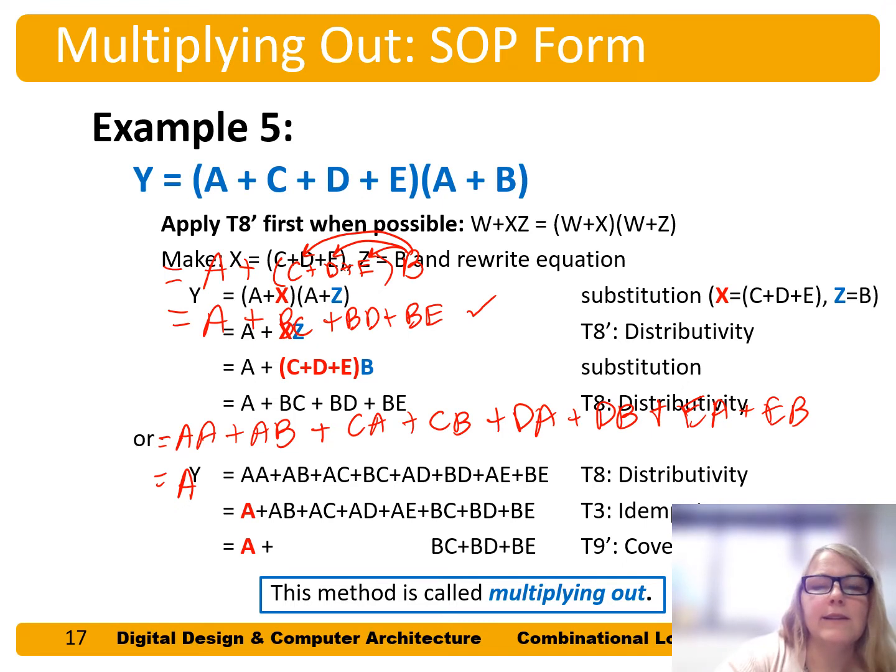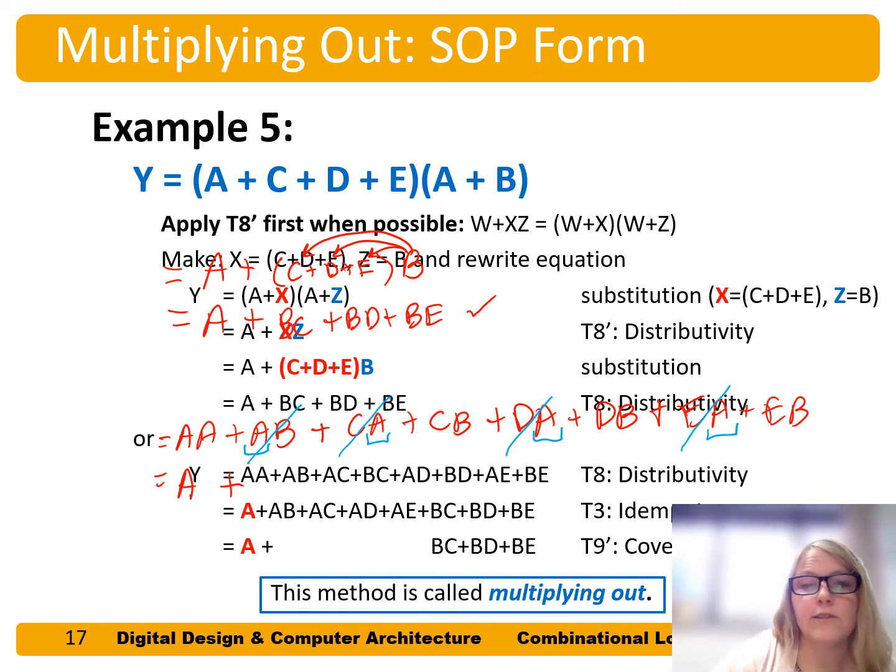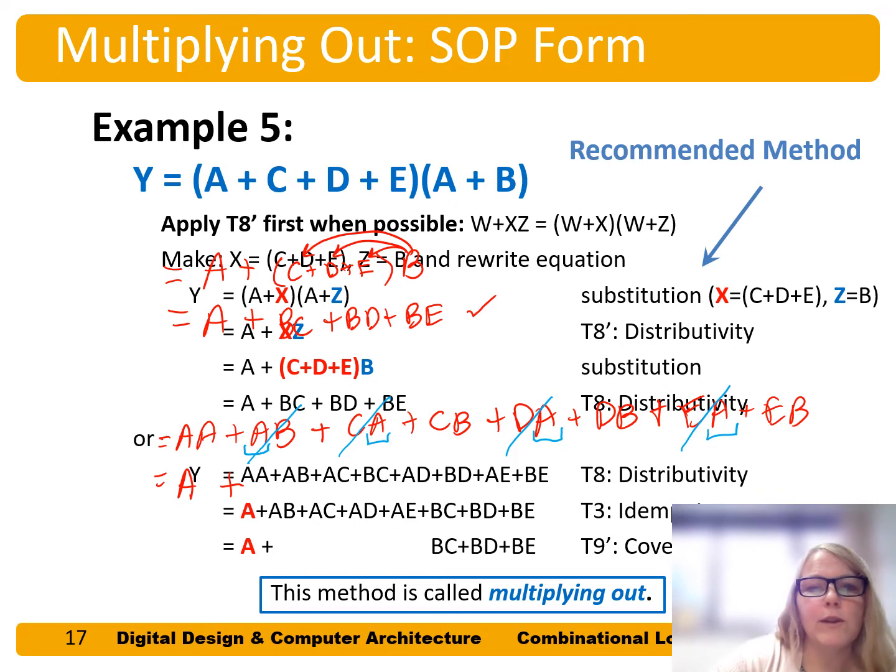Then we can see that A actually covers all of these terms: A or A and B, or A and C, or A and D, or A and E. Those terms all go away through covering. A or A and something reduces to just A.